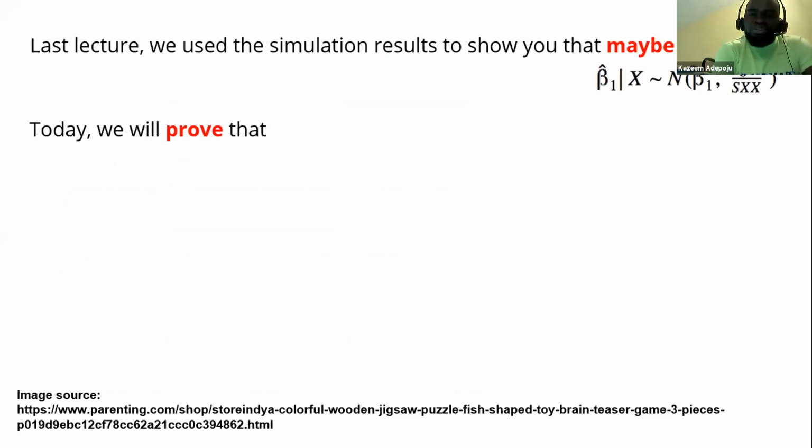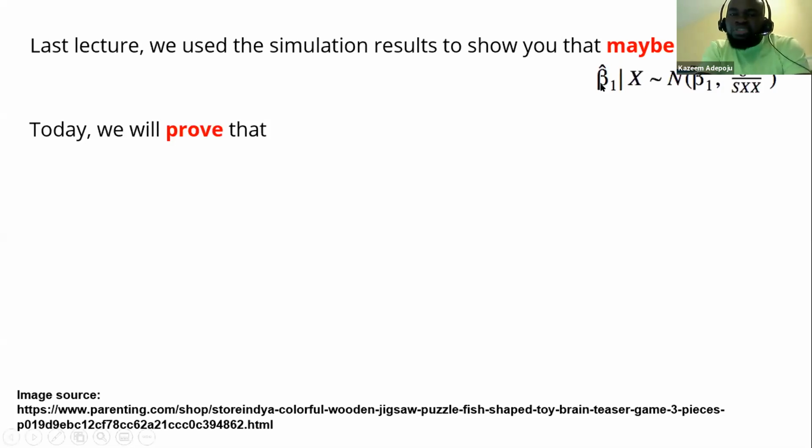I told you about its distribution, because the values of beta 1 vary. They vary when I use different sample sizes, and through simulation, even if I use the same sample size and simulate more than once, the value I get for beta 1 in one simulation will be different from the value I get in another simulation. Because of that, we need to get a distribution for beta 1 cap.